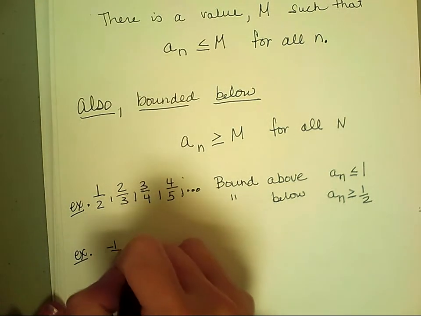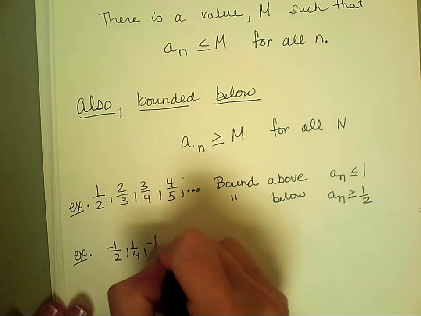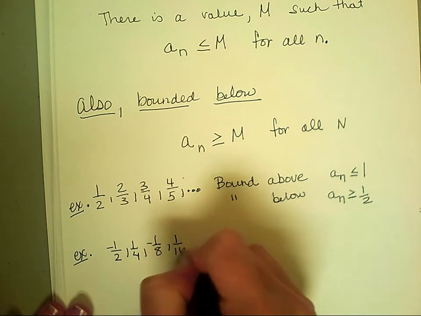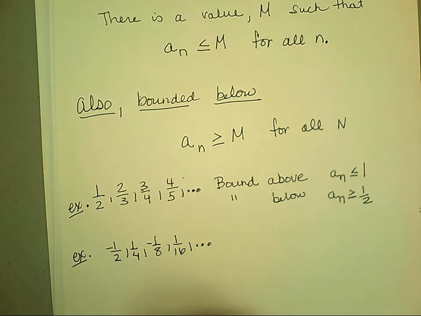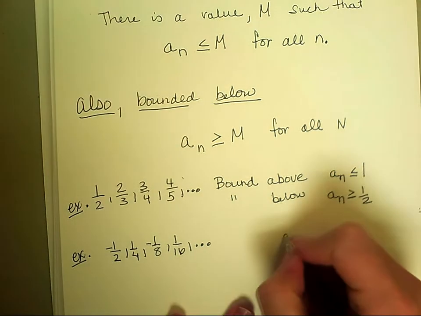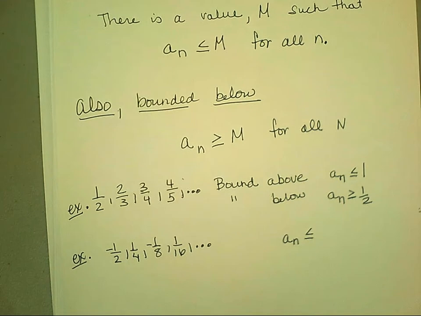Let's look at the alternating example. -1/2, +1/4, -1/8, +1/16, etc. So we ask ourselves, is this bounded from above? That is, if I compare all of these terms in here, are they all less than or equal to some number?